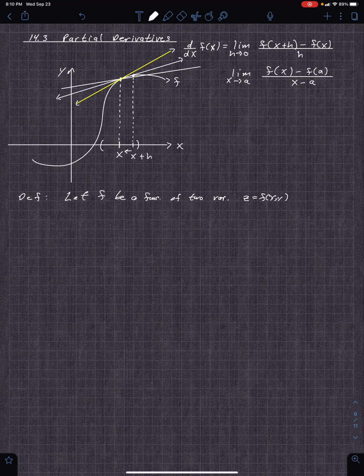Okay, so this is how the partial derivative is defined. So basically what you have to do is one derivative at a time. So it's still a derivative, but you treat one of the variables in your function of two variables as the one that's varying, and that's what you take the derivative of.